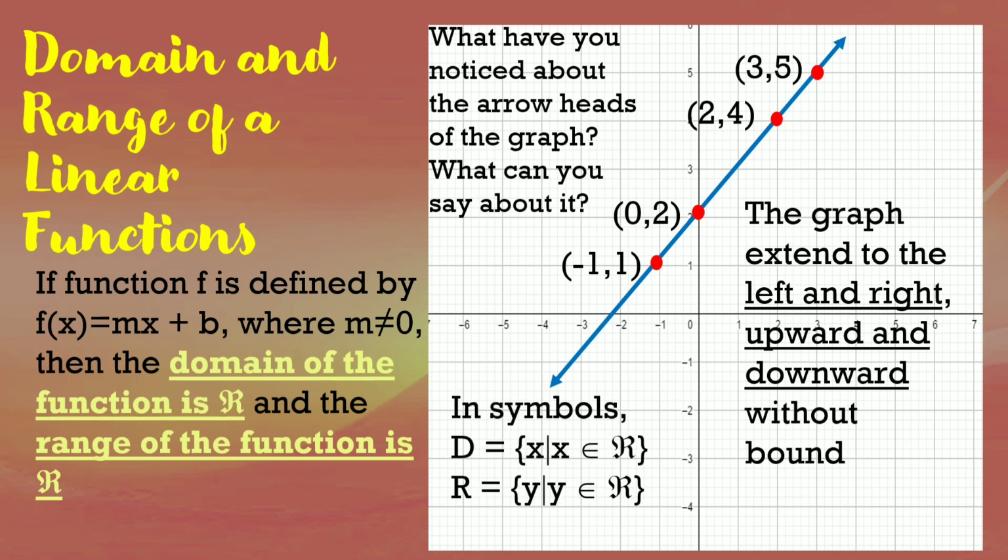In symbol, ang domain natin ay set of x such that x is an element of real numbers. And ang range naman natin ay set of y such that y is an element of real numbers.